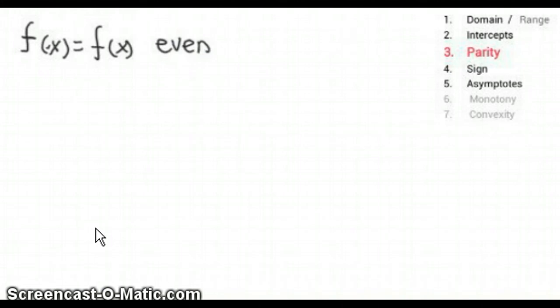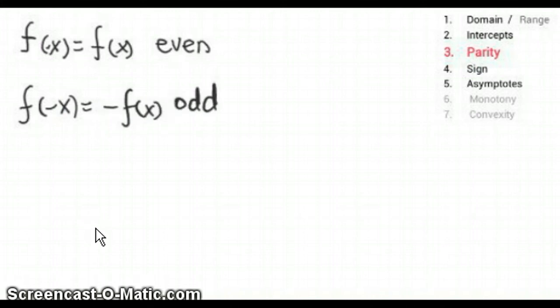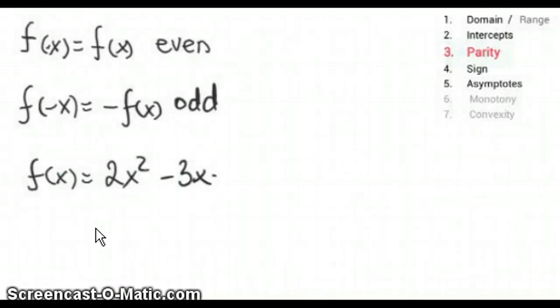An odd function would be f of negative x equals minus f of x. A function can be even, can be odd, or can be neither. Let me give you an example: f of x equals 2x squared minus 3x plus 1.